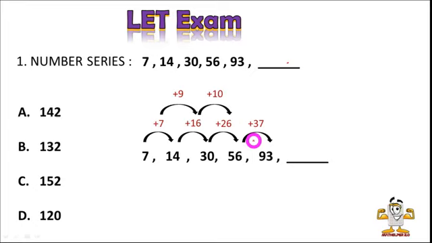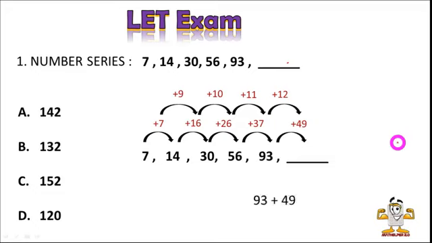So, yung 26 at 37, add po siya ng 11. So, ibig sabihin, yung next nating i-add is 12. So, 37 plus 12 is 49. So, i-add natin yung 93 plus 49 equals to 142. So the correct answer is letter A.